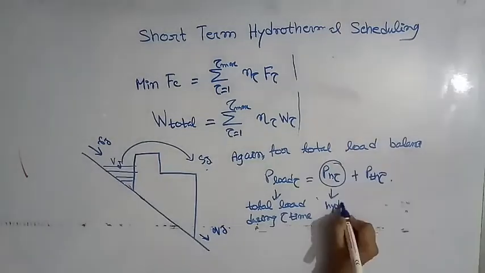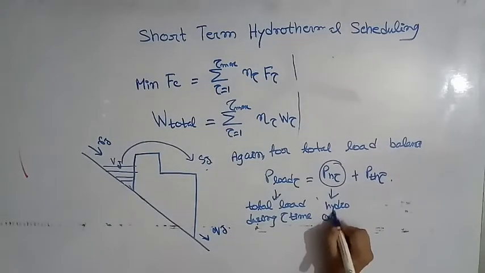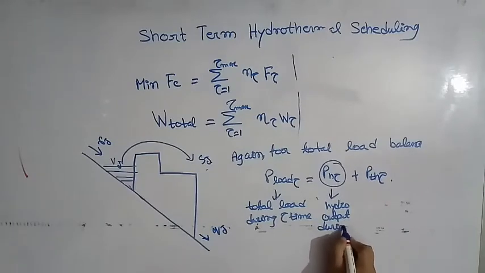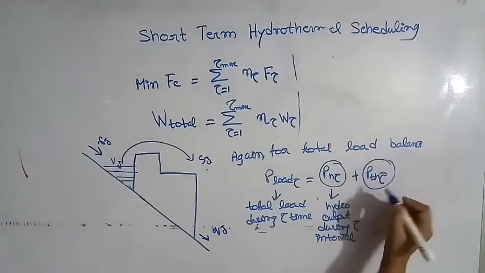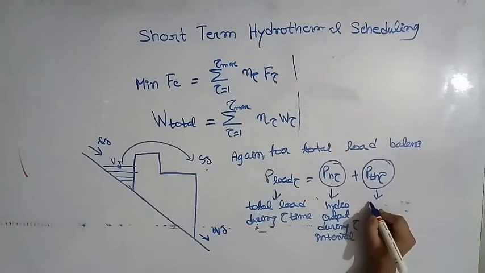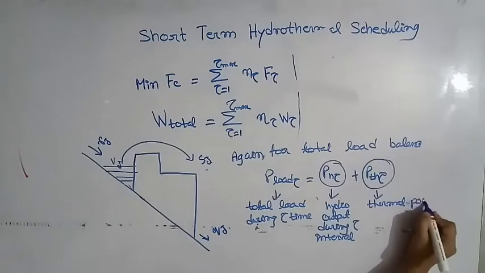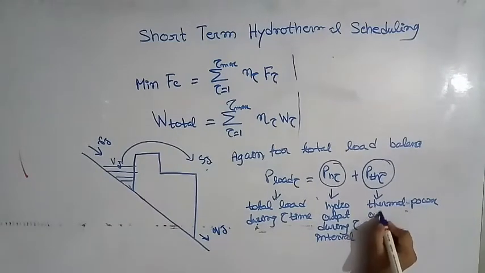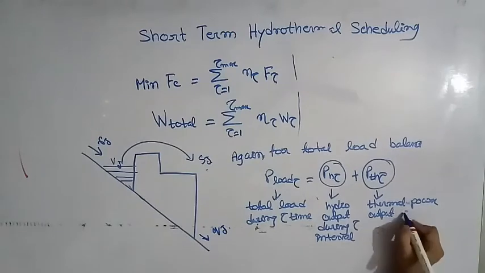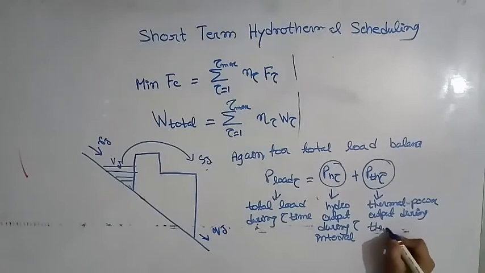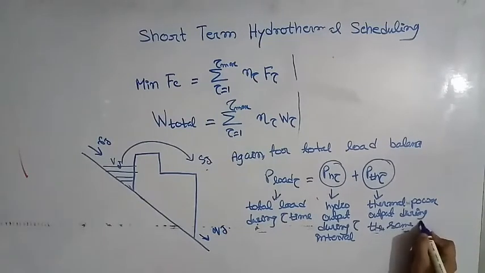PH tau is the hydro output during the tau interval, and PTH tau is the thermal power output during the same interval.